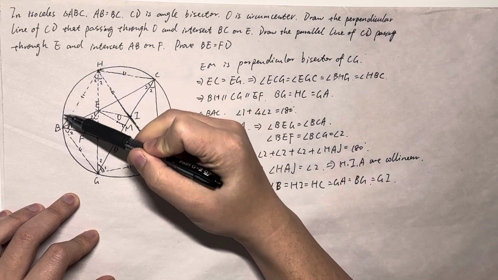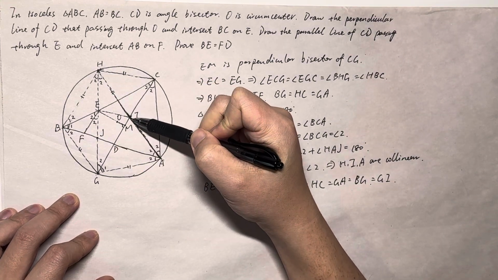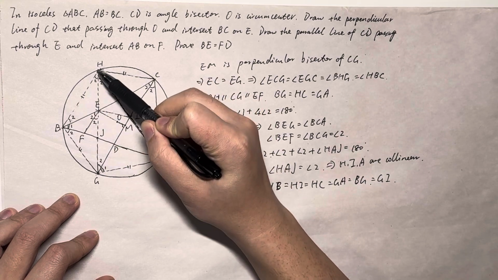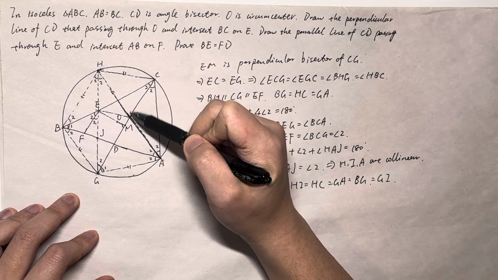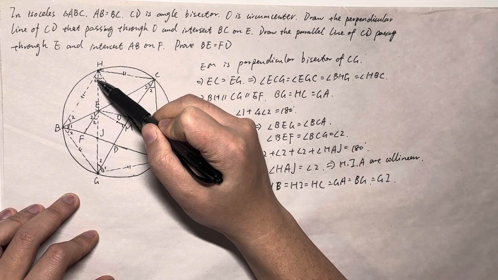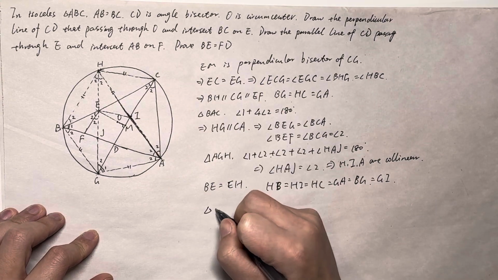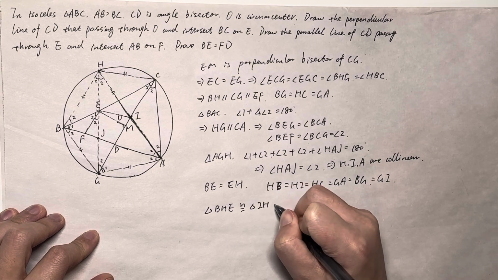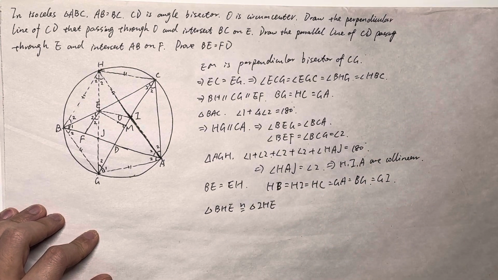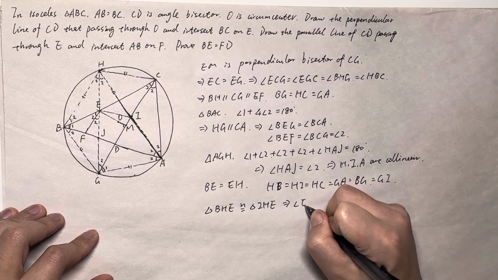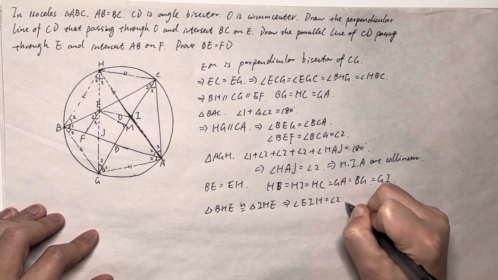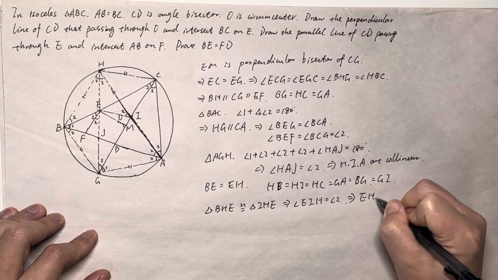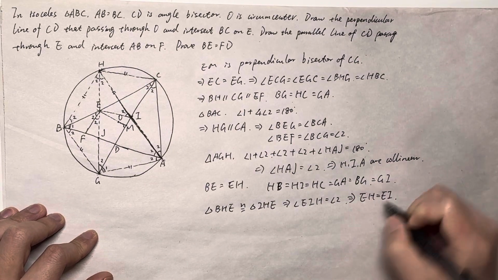So we know that HB equals HI, and HE equals HE, and angle BHE equals angle IHE equals angle 2. So we get that triangle BHE and triangle IHE are congruent. That means angle EIH equals angle 2 as well, which means EH equals EI.